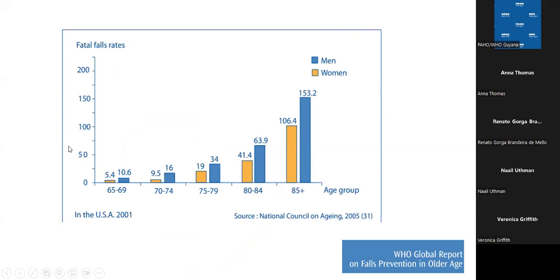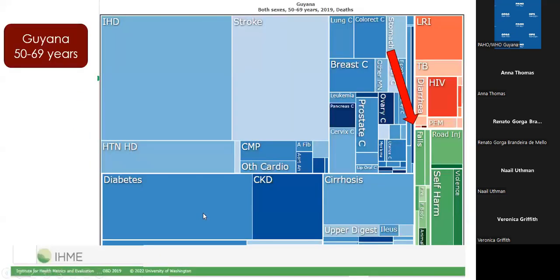This chart shows us fatal falls rates by sex and age group in the United States. The older the person, the greater the risk of dying because of a fall episode, as you can see here. As I showed you before, in Guyana, it is not different.